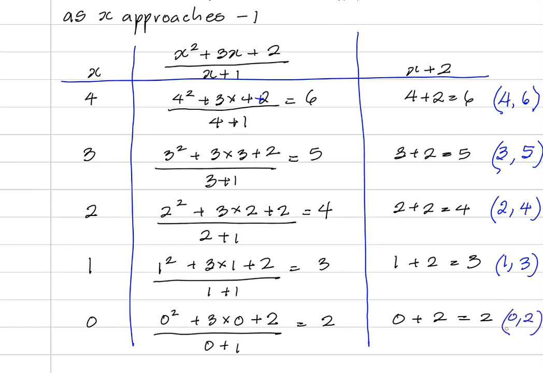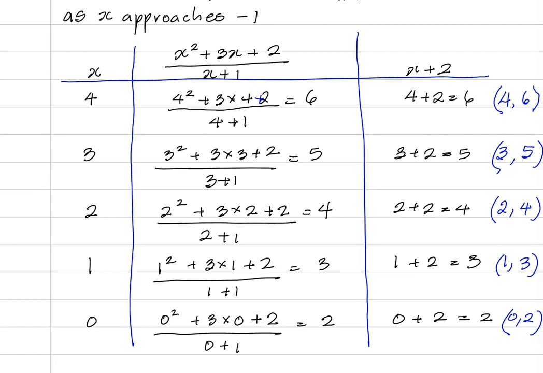All right. And here's what we're seeing. For every value of x so far that we have looked at, the function f of x, which is x squared plus 3x plus 2 over x plus 1, has the same value as x plus 2.